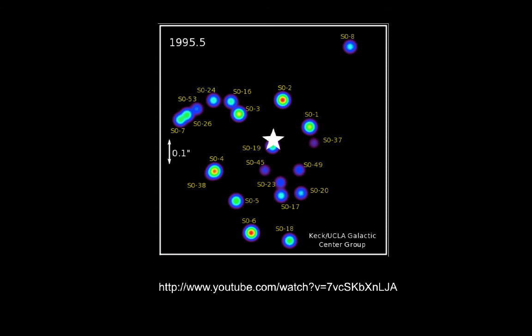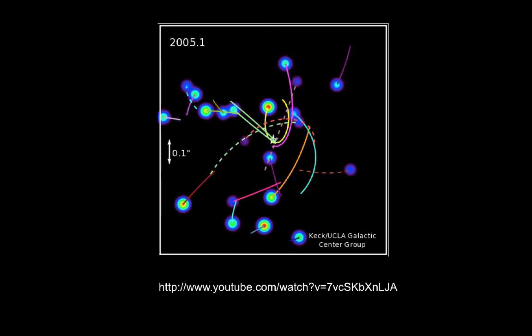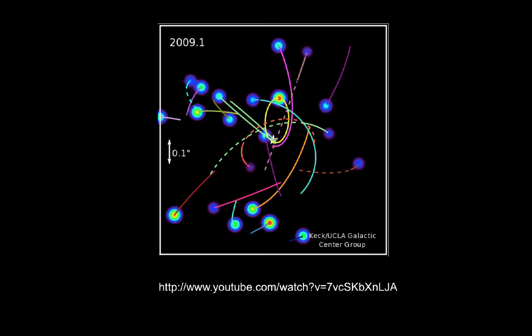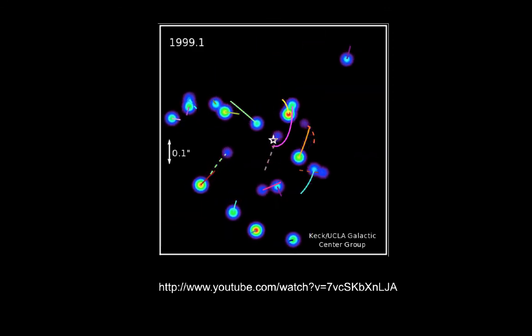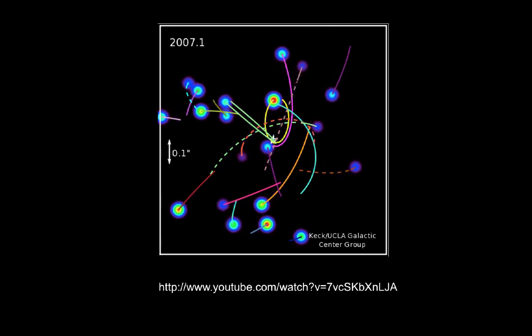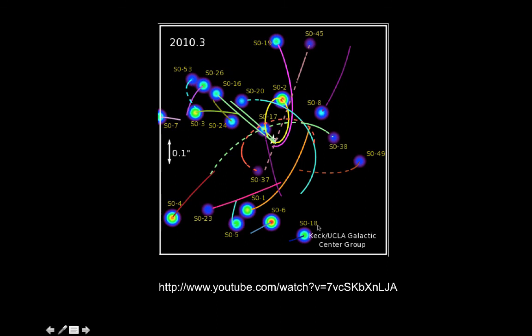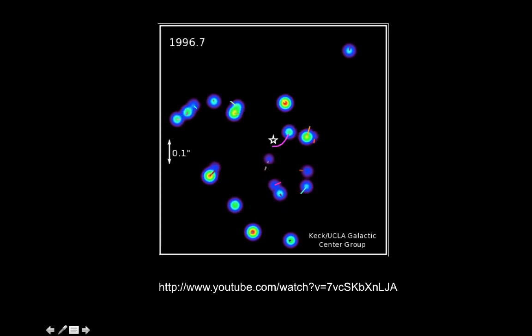So this is over a period of time from 1995 through to 2010. And we can track and calculate the orbital periods of all these stars and confirm that indeed at this point here you must have several million solar masses worth of material.